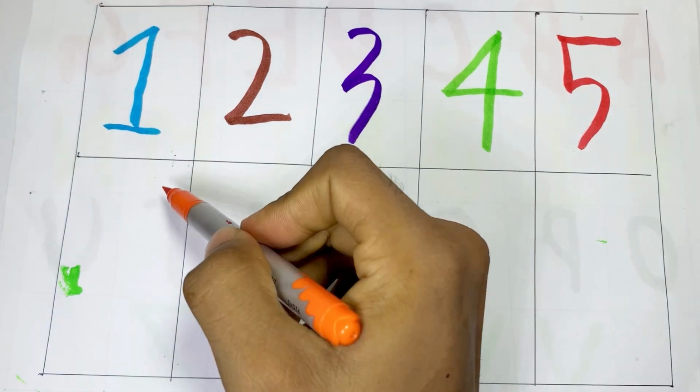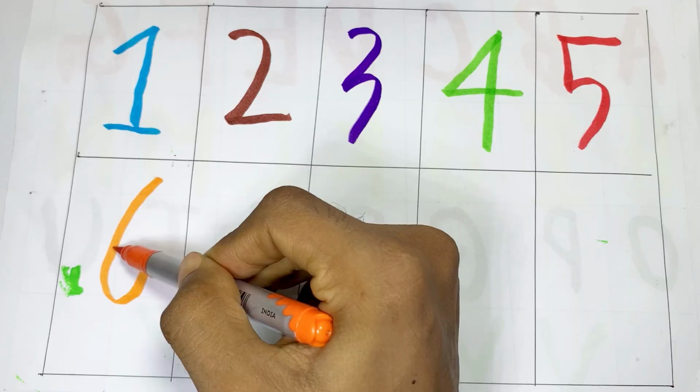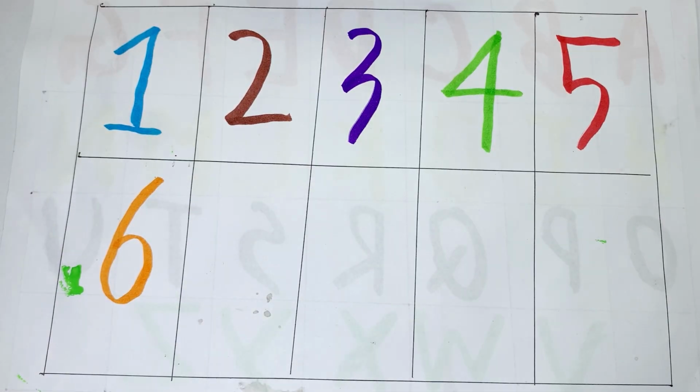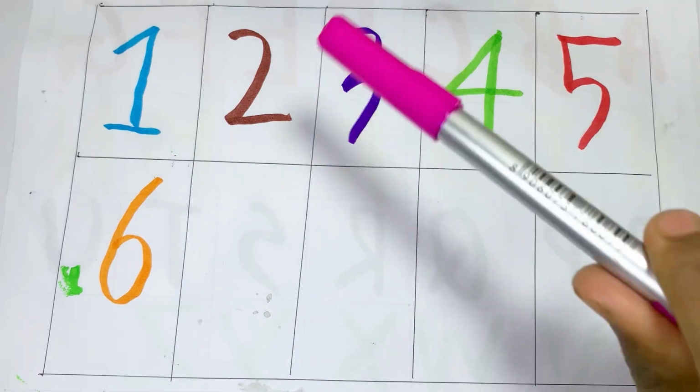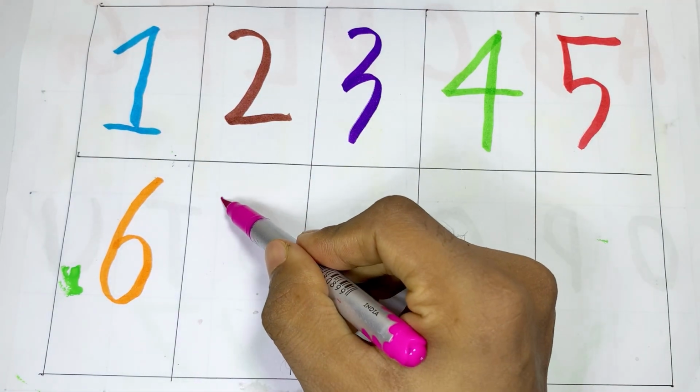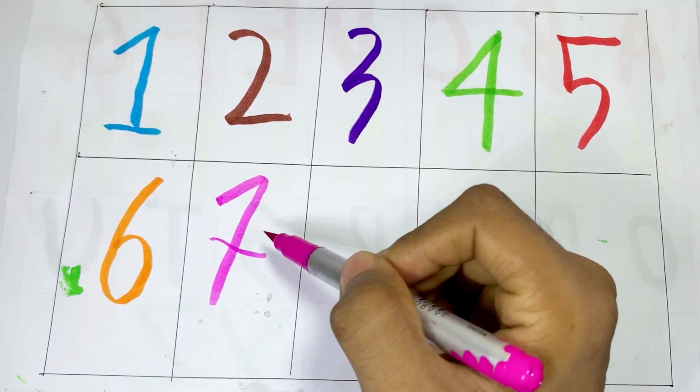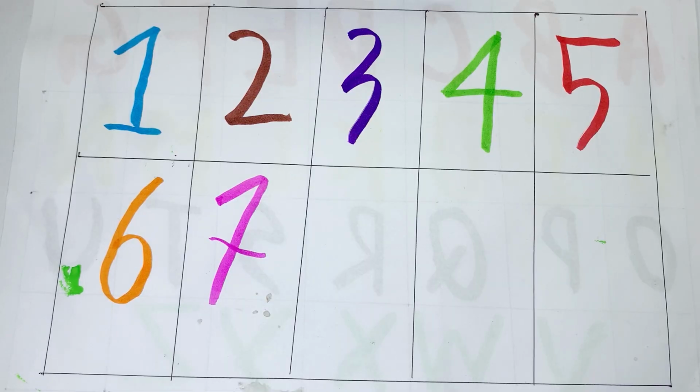5, F-I-V-E, 5. Now you draw 6 and use orange color. 6, S-I-X, 6. Now you draw 7 and use dark pink color. 7, S-E-V-E-N, 7.